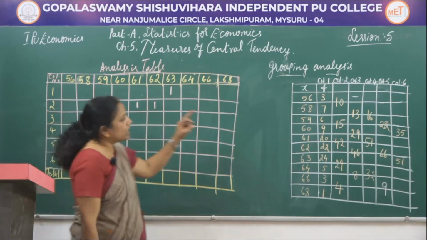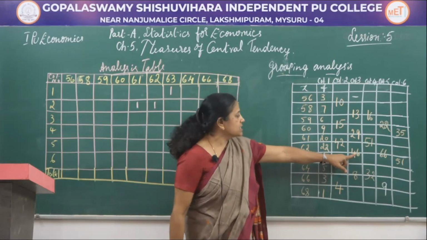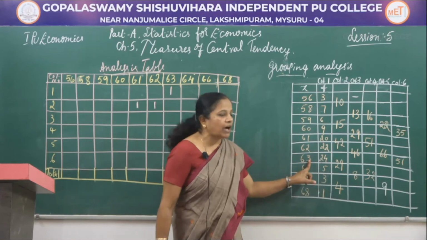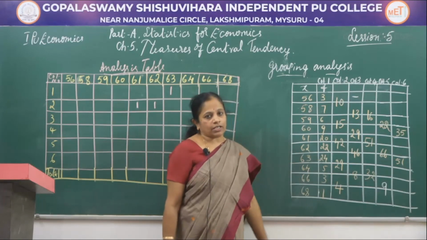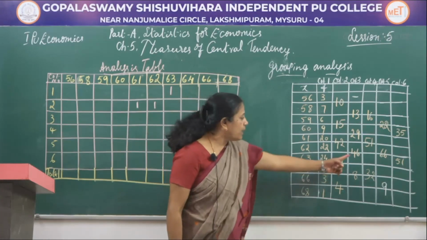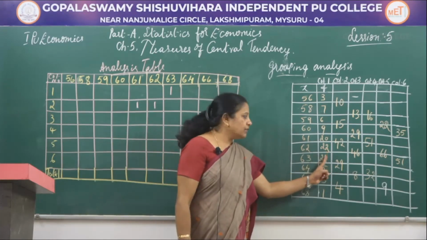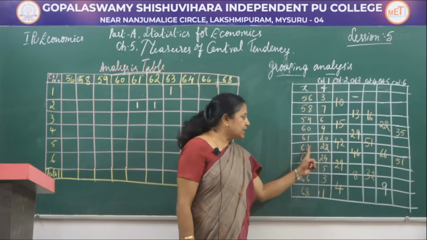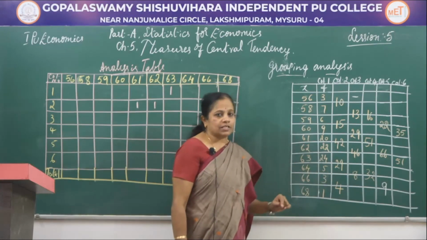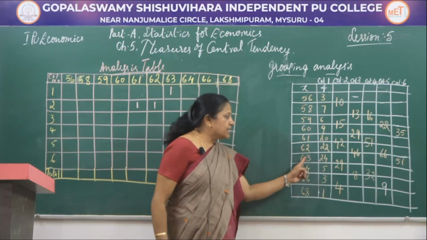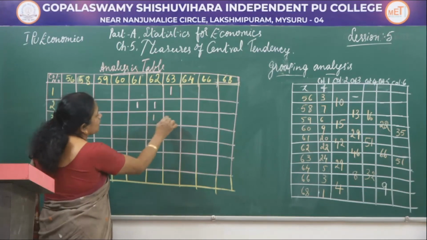And in column 3, the highest value is 46, which is obtained by adding 22 and 24, and the corresponding values against 22 and 24 are 62 and 63. So, against 62 and 63 in column number 3 we write 1 bar each.